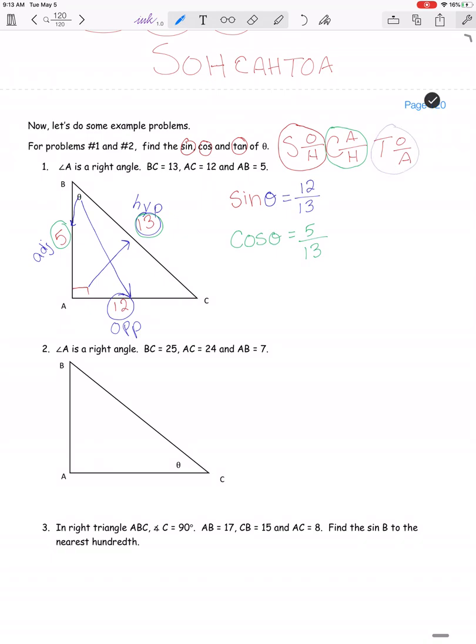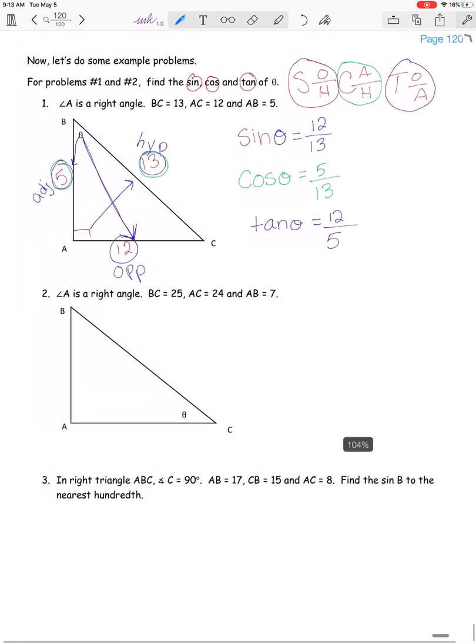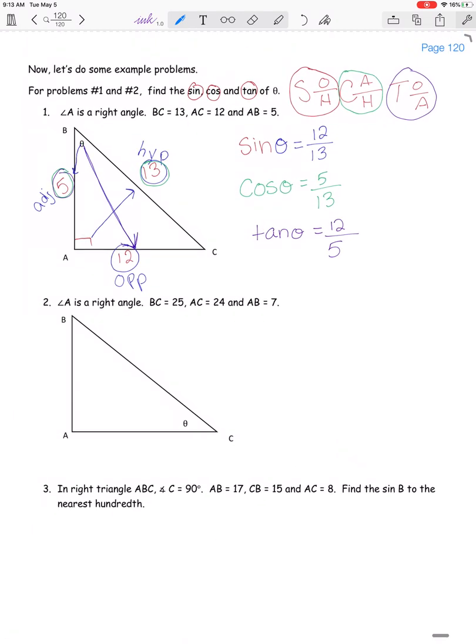The tangent of theta is going to be opposite, which is 12, over the adjacent, which is 5, so the tangent is 12 over 5. All right, so that's really it. That's how we would do these trig ratios.